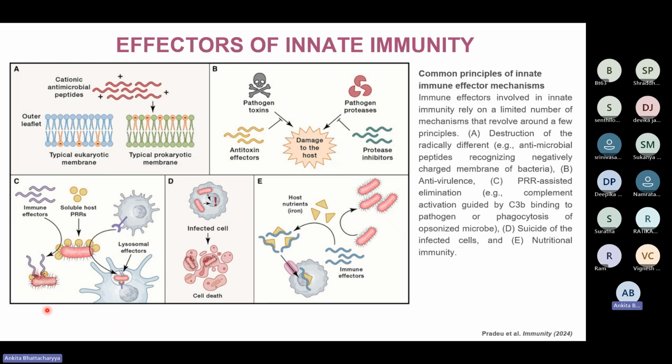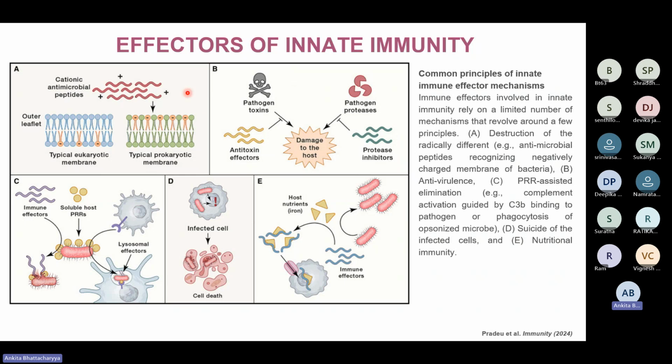Fourth is infected cells that are undergoing cell death. Like I already discussed, if this is interesting to you, you can read up on it yourself, or else I will bring it up sometime in the next class. So apoptosis and cell death are triggered as a response to that infected cell.